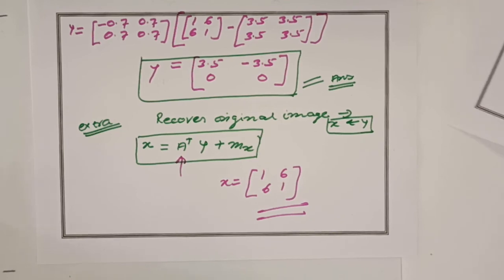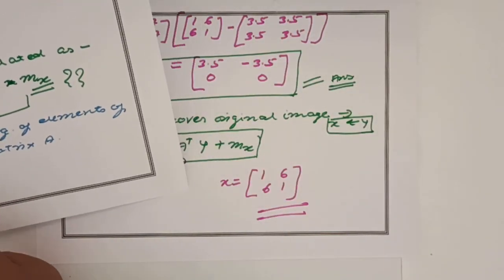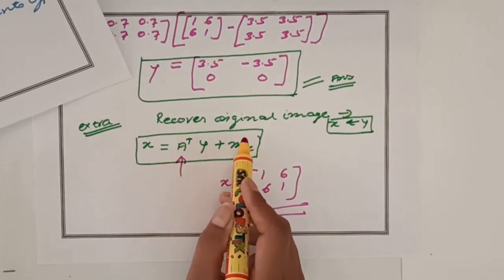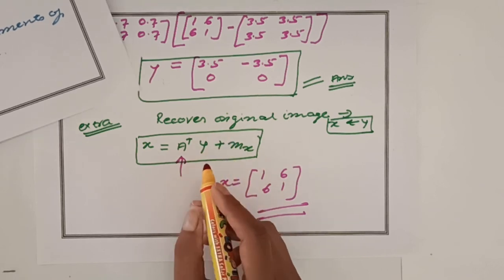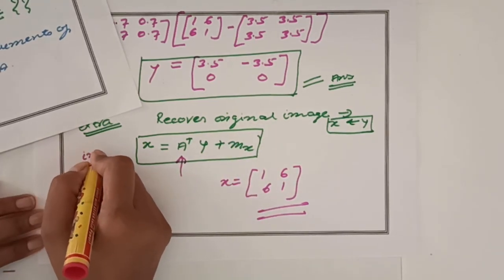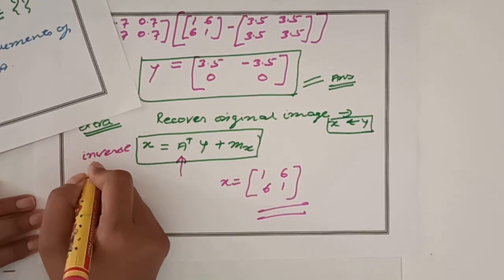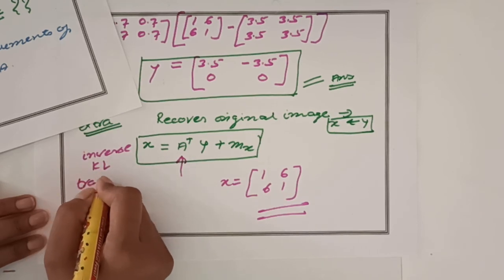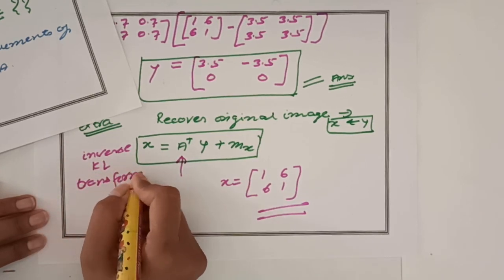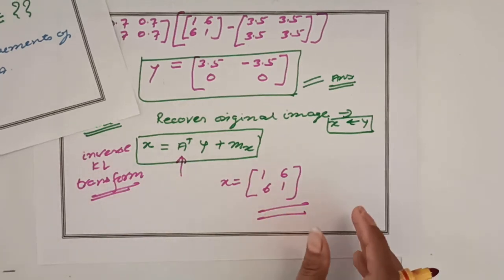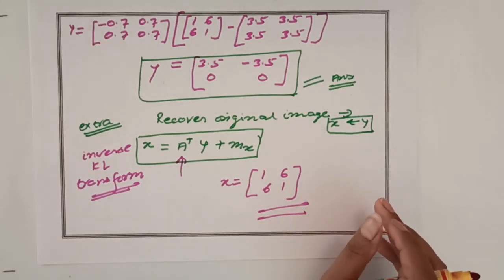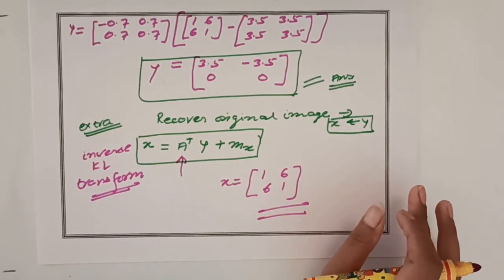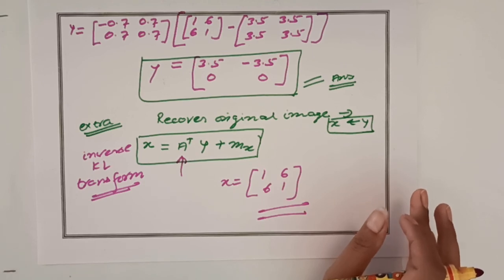Means first calculating the KL transform and then recovering original image means inverse KL. This is inverse KL transform.